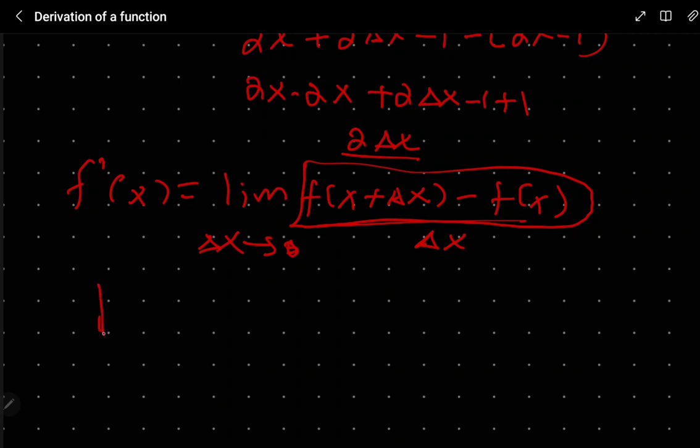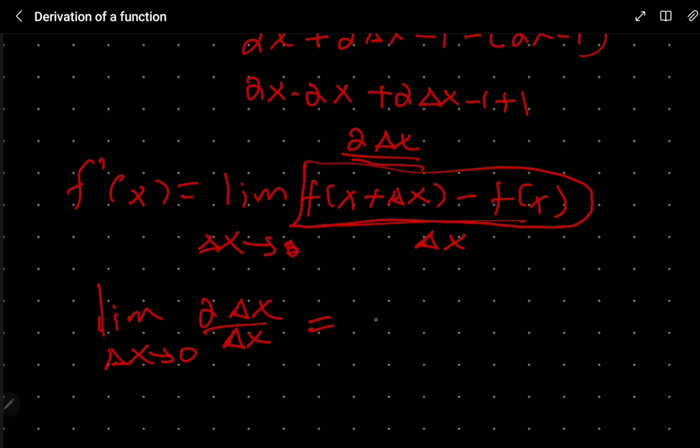Now what is the limit of f of x plus change in x minus f of x over change in x? You do 2 times change in x over change in x, but the change in x is going to where? 0.